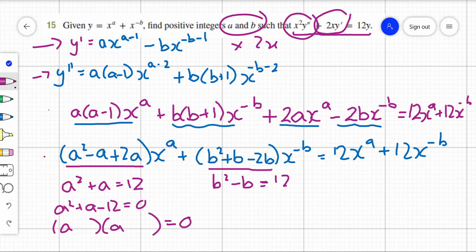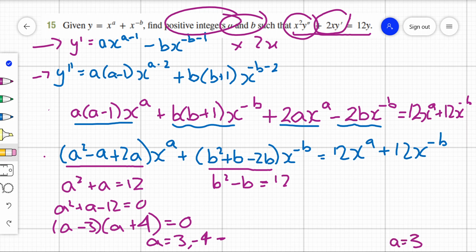So we're going to get a 3 and a 4, a plus and a minus. That would give us a equals 3 and minus 4, but we know that a is a positive integer. So since a is positive, a would have to be 3. Can't be minus 4.